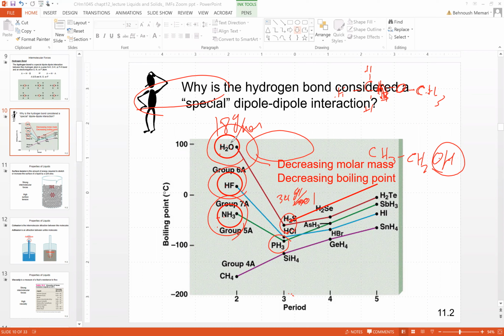Oxygen has higher electronegativity, so the hydrogen bonding coming from OH is stronger than the hydrogen bonding coming from NH. So it also depends on the strength of the bond, or difference in electronegativity between the oxygen and the nitrogen, or OH and NH. Oxygen has higher electronegativity. Hydrogen bonding coming from OH is stronger than the hydrogen bonding coming from NH.